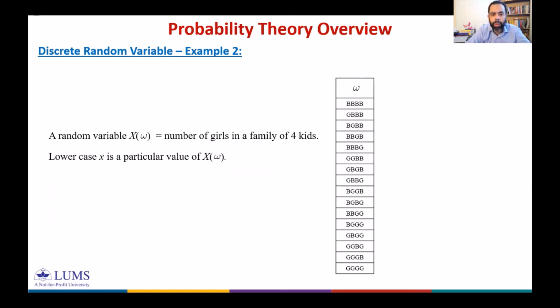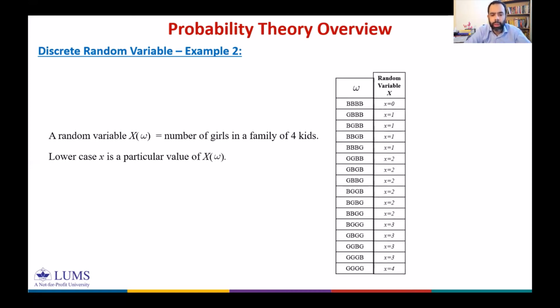So each outcome could be: you can have no girl, you can have 1 girl, you can have 2 girls, you can have 3 and 4 girls, right? So our random variable can take the values 0, 1, 2, 3, and 4. For each of the outcomes, we can define a value the random variable will take.